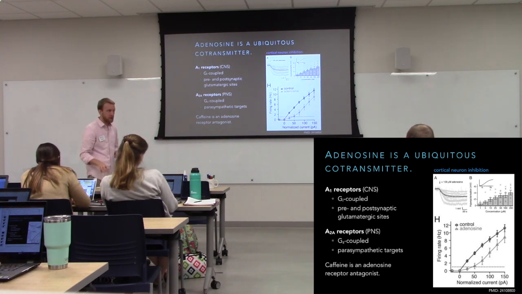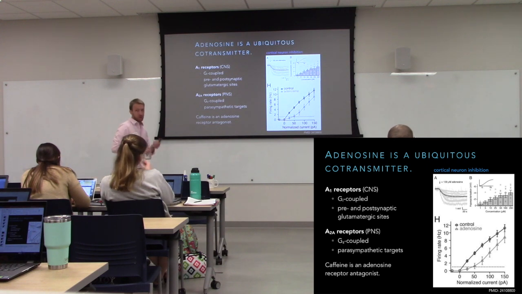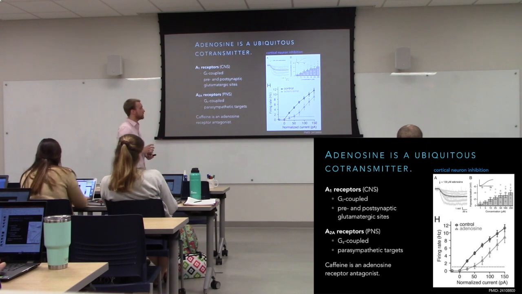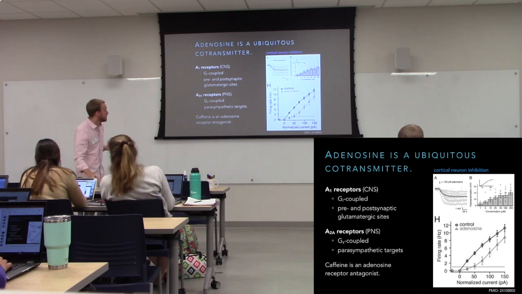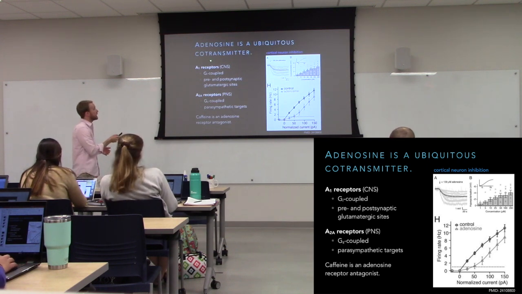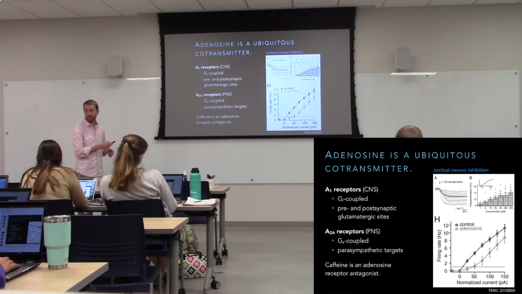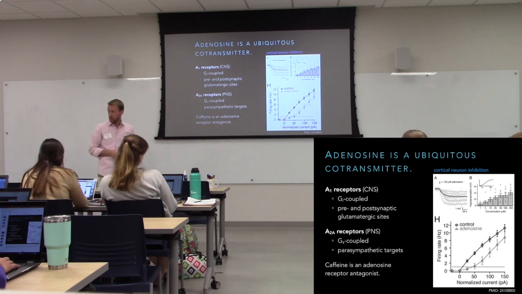You will find synapses that are purely glutamatergic or GABAergic. That's not true here. We release adenosine along with others in order to affect that postsynaptic target. Now, depending on where you're at, you're going to have different adenosine receptors that are going to produce different effects. This will make a whole lot more sense after the next lecture.